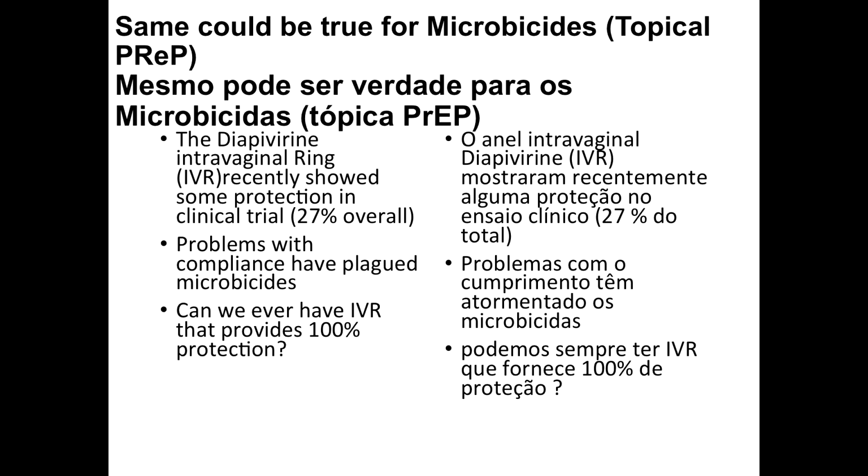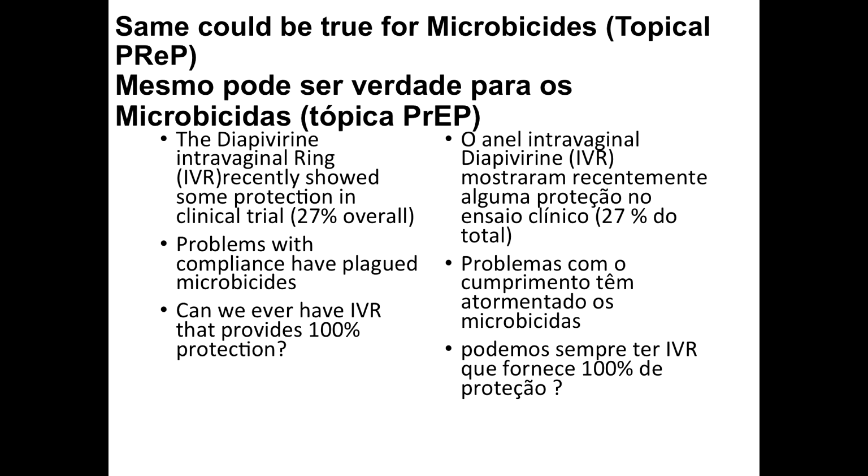This looks pretty bad, 27% protection, but it turned out that there were problems with compliance. The women weren't necessarily using the ring, et cetera. So depending on how you look at the data, there's some promise there.